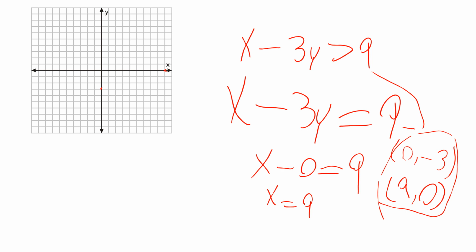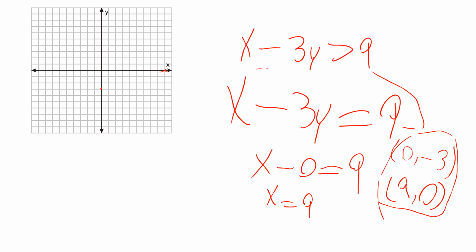Now we're just going to draw a line. But remember, every single point on this line does not satisfy the inequality, because it's strict, it has to be greater. 9, 0 cannot satisfy this inequality because this side can't be equal to 9.